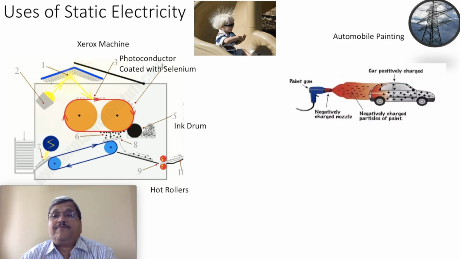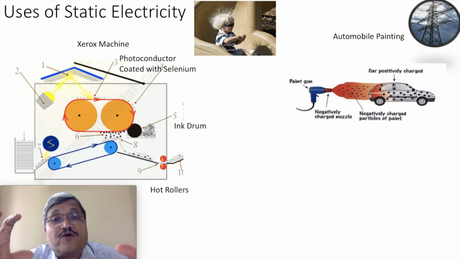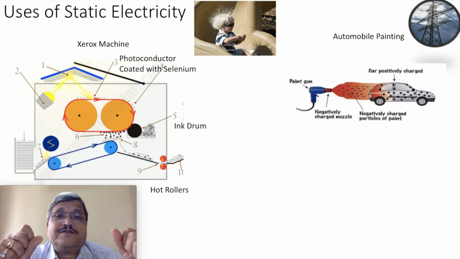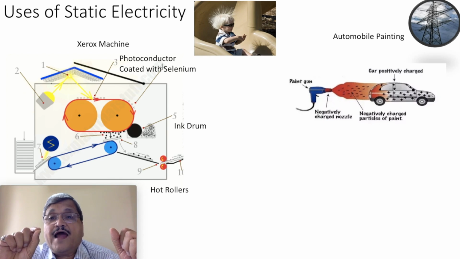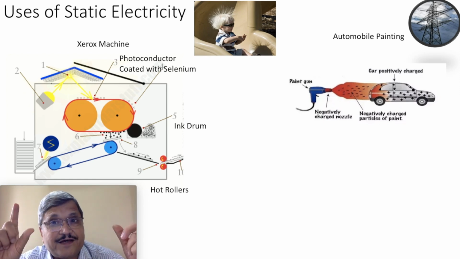Next is automobile painting. The body of the car is charged positively, and there are electrostatic guns through which the paint is flown, and in atomized condition the paint particles will be negative in charge.